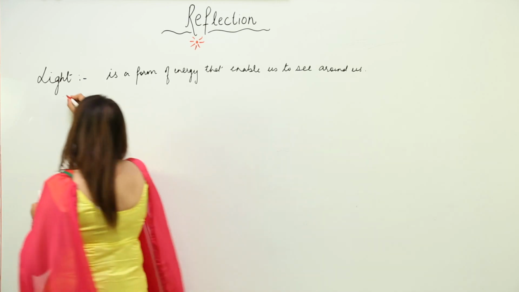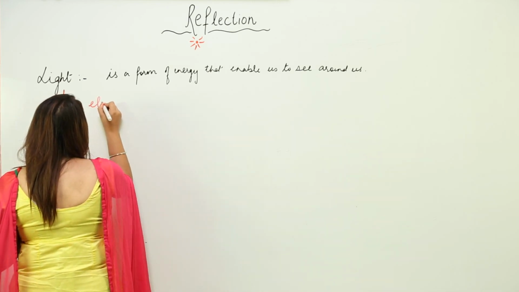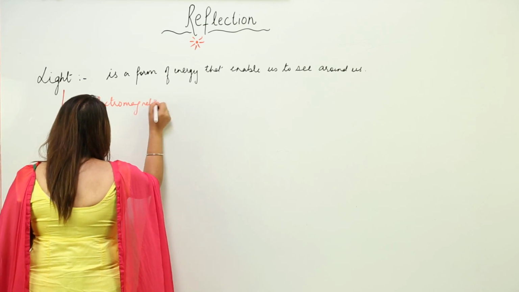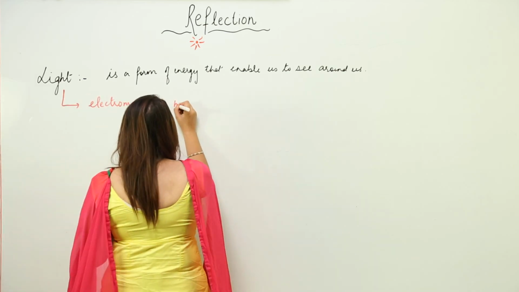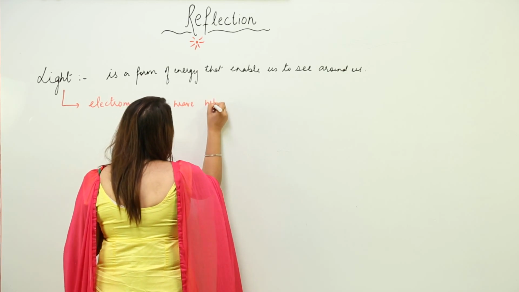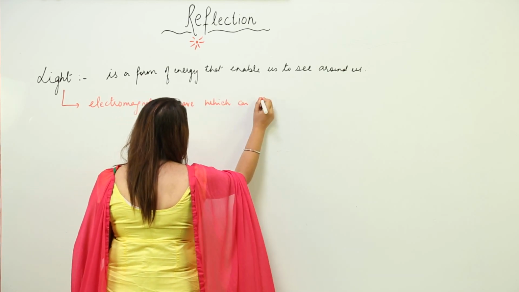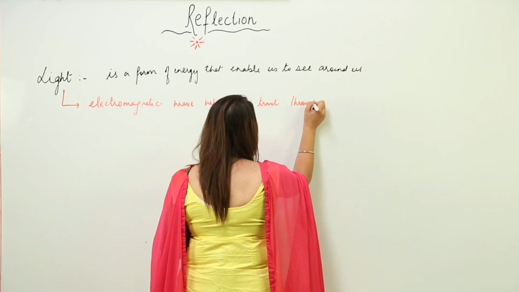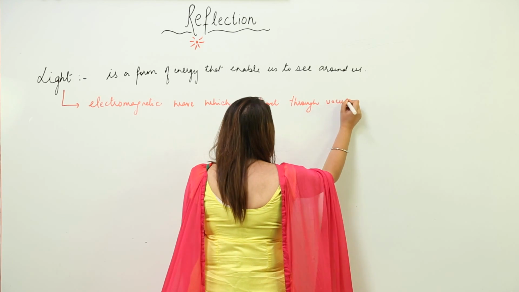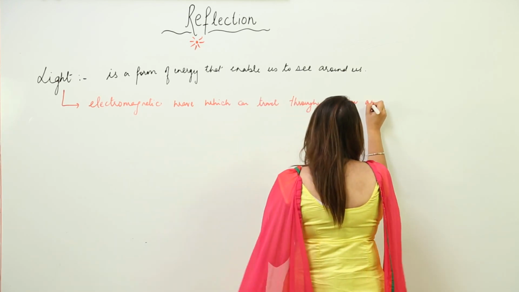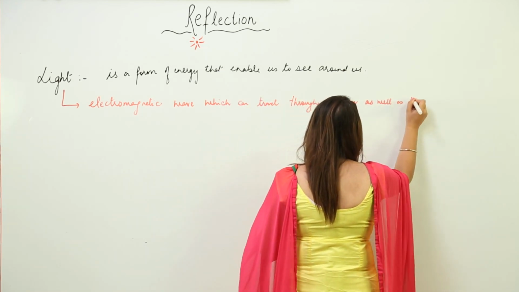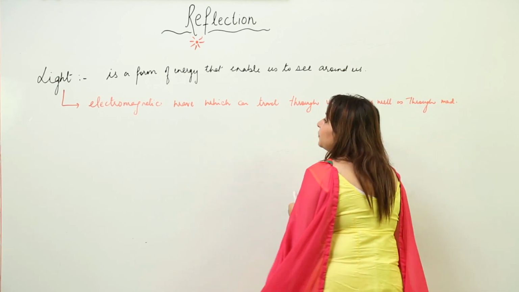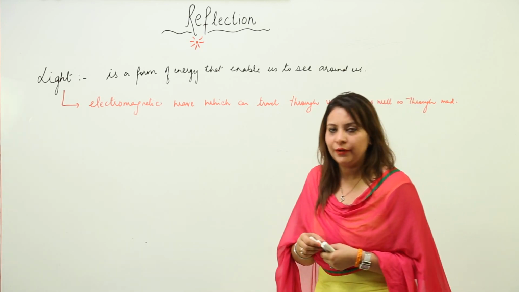So light is an electromagnetic wave which can travel through vacuum as well as through a medium. So light is an electromagnetic wave.